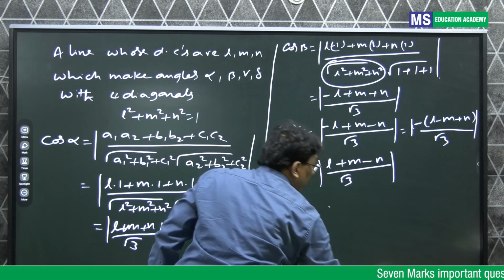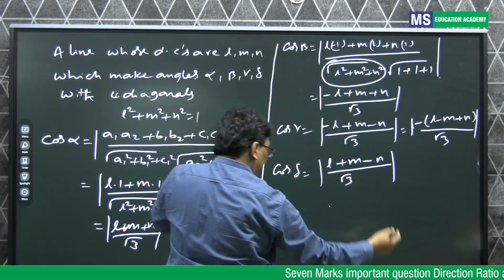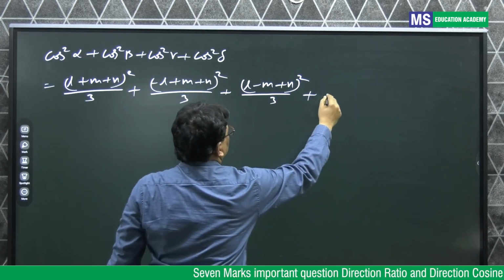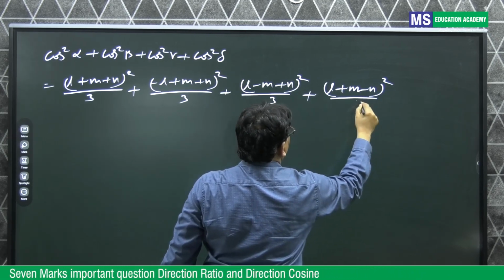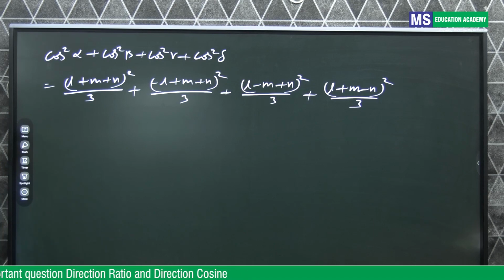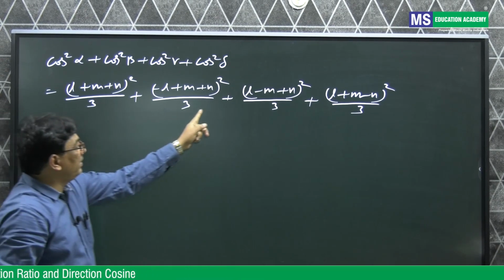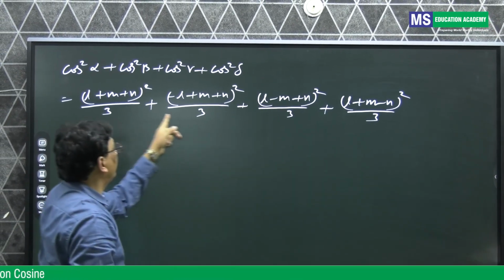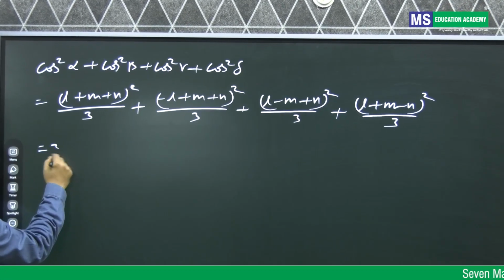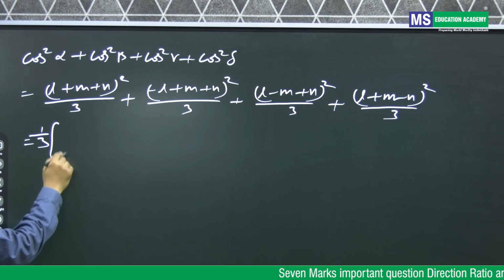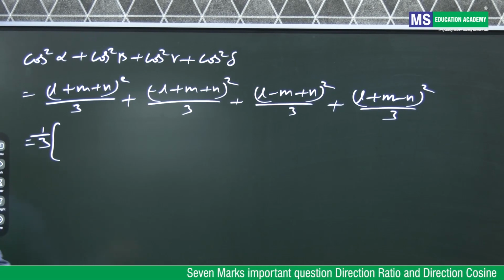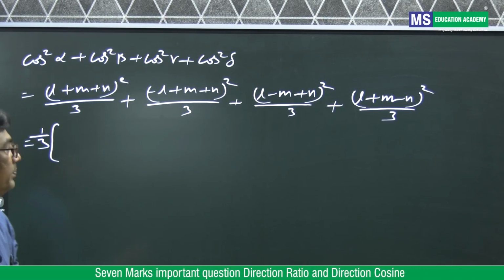Next, the fourth one, minus N is there. That is L plus M minus N whole square by 3. Simplification now. Every term has denominator 3, so 1 by 3 can be taken outside. See this expansion, a very easy expansion here.